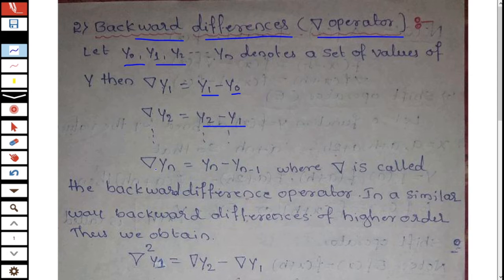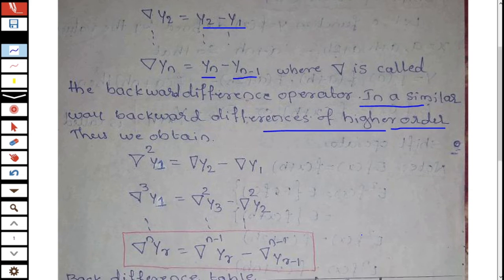And so on, that is del of yn equals yn minus y(n-1), where del is called the backward difference operator. In a similar way, we obtain the backward differences of higher order.